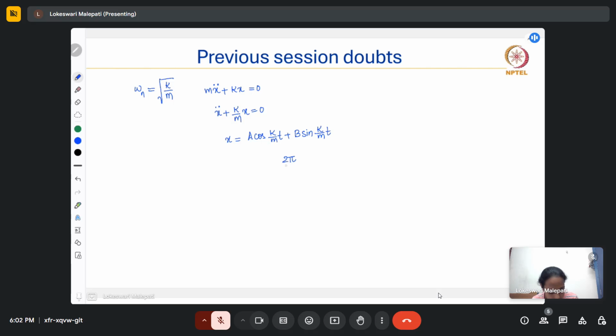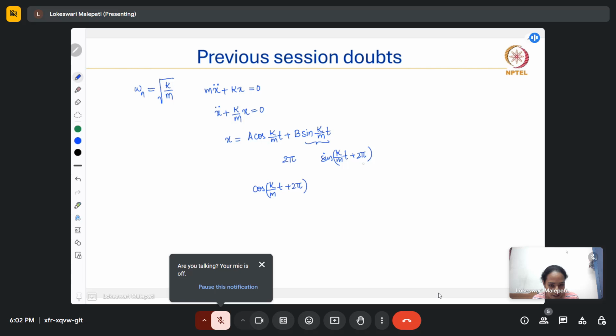So that means cos of root k by m t plus 2 pi, and we can do the same for sine of root k by m t plus 2 pi. So after an angle of 2 pi, we are going to get the same displacement. That is what this period means, right?